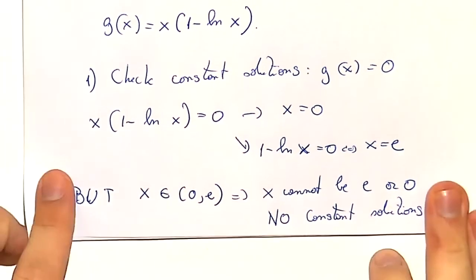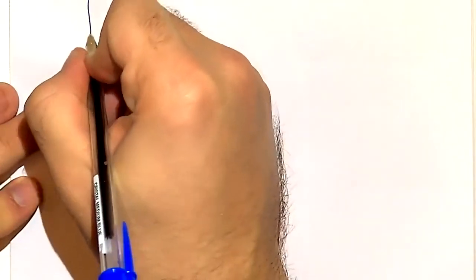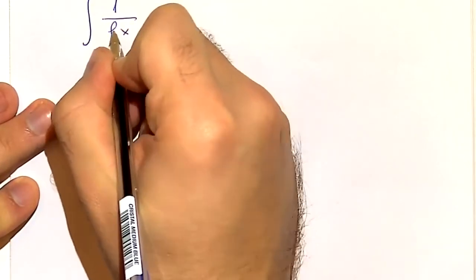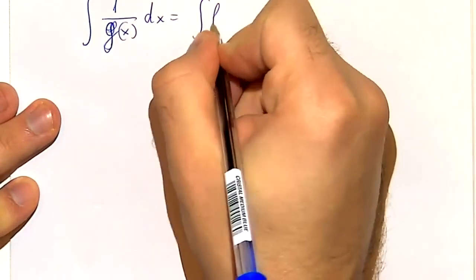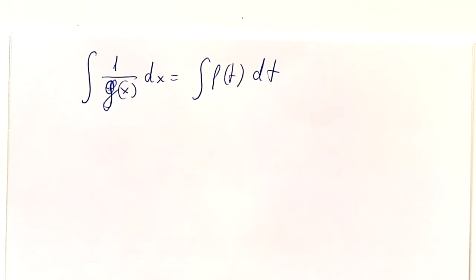Now, once we got past this trick, we're gonna move on next, which is again, either use the formula. What's the formula? Integral 1 over g of x dx is equal to integral f of t dt. Either do this, either use the formula, or just move everything on the other side and integrate.